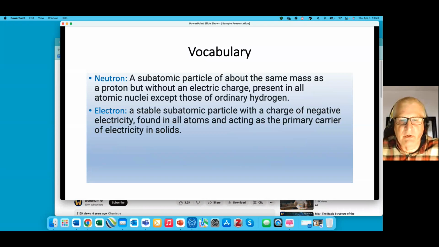A subatomic particle about the same mass as the proton. So the neutron has the same mass but it doesn't have an electrical charge. Okay. And Henry, would you please read the last description there of the word electron? Once again, here a stable subatomic particle and it has a negative charge.